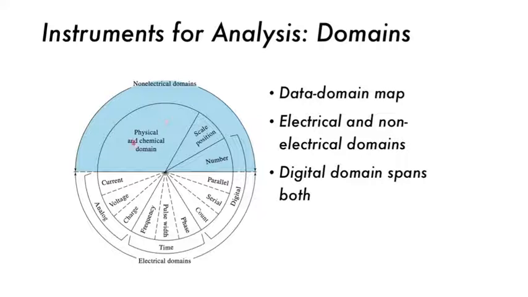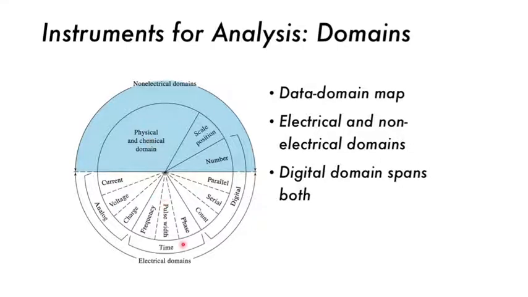Generally what we'll be dealing with, and what you'll be dealing with in your future careers, is the physical and chemical domain. And you'll be measuring the physical and chemical domain using the electrical domain. You might not realize it. It might not be completely obvious when you're doing it, but as I've tried to express in this session, we want to measure the chemical and physical domain. It's just really quite hard.